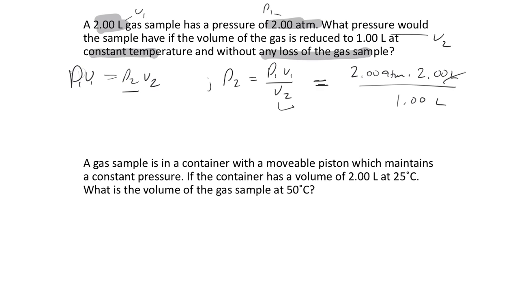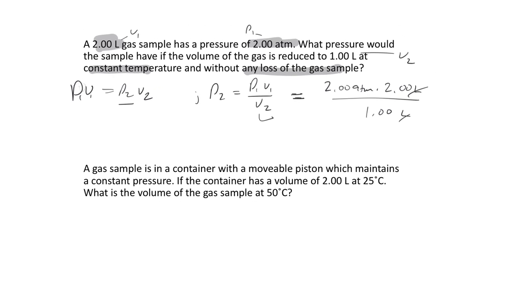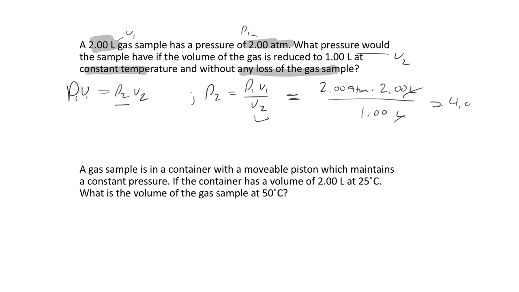And of course, that gives us a pressure of 4 atm. So cut the volume in half, and we can calculate precisely with our equation that you double the pressure.